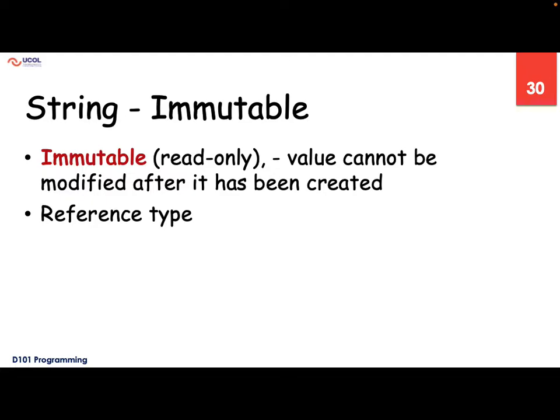So, that is not going to change the reference or add the value in the existing string object, no. It will take the actual current value, combine it with the new value that you want to concatenate, and create a new instance of that particular string and assign it to the s.